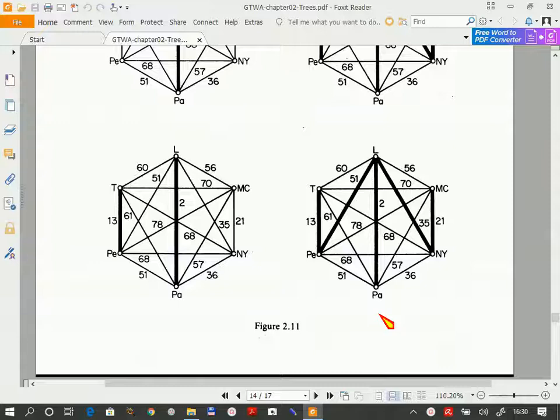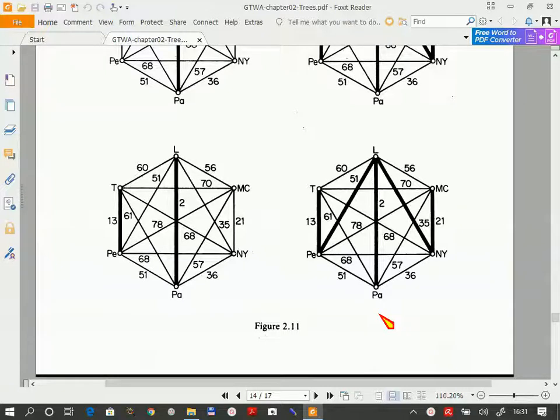And from here, 68, 35, 68, 35, 21, 57 I already have, 78, 70, 56, 56, and here 35 and 2, and 51 and 60, 60, 70, 68, 61, 30. Okay, I should have everything.